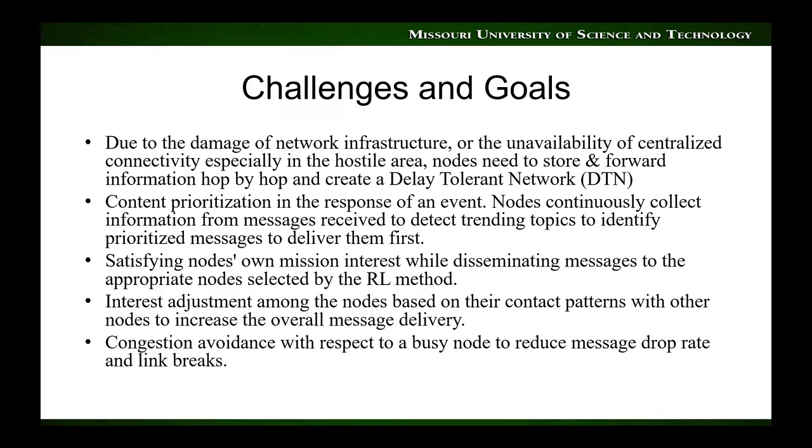And our third goal is to control the congestion. Like if we forward information or receive information from a particular node too much, then this node may die. That means the device of that soldier may consume too much battery and it will soon not work. So that is our third goal, to control the congestion.